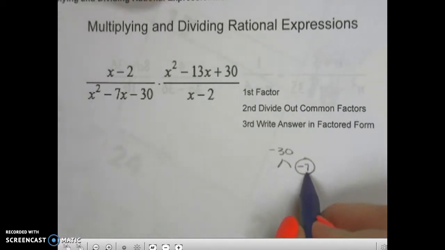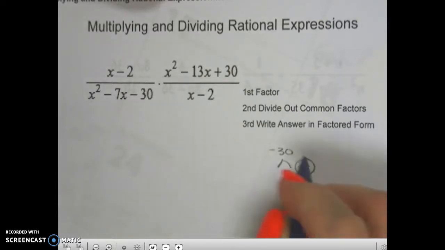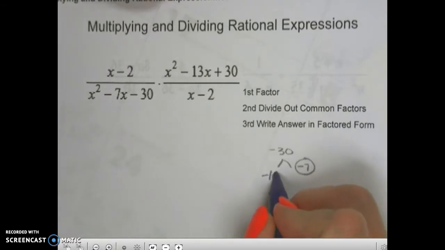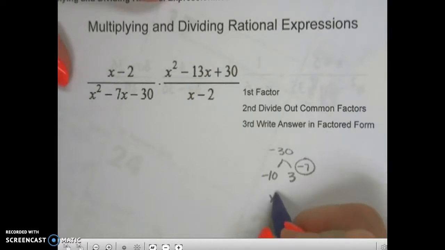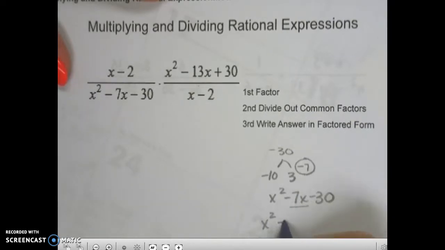Since my answer here is negative, my larger number is negative, so that would be negative 10 and positive 3. So to factor x squared minus 7x minus 30, I'm going to rewrite my negative 7x as x squared minus 10x plus 3x minus 30.